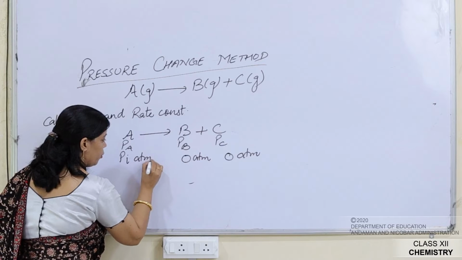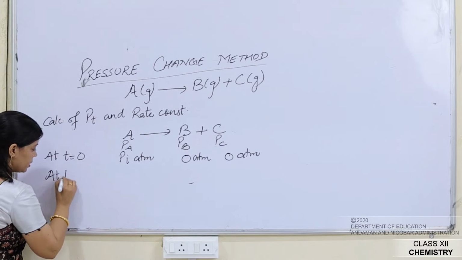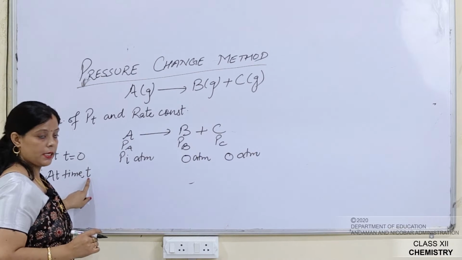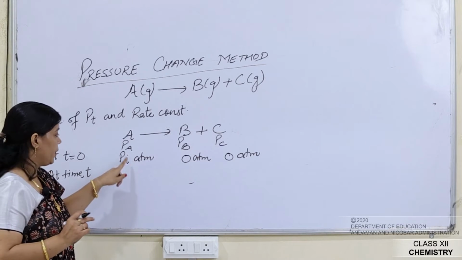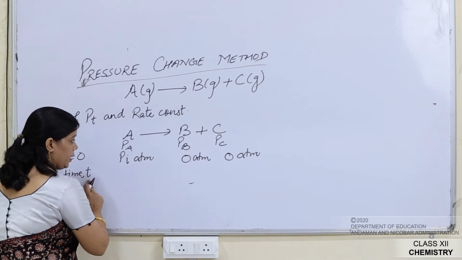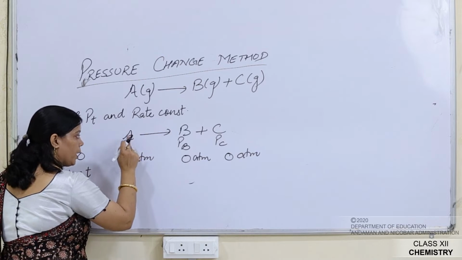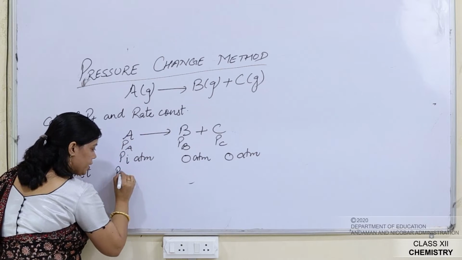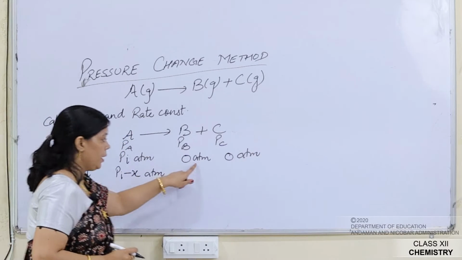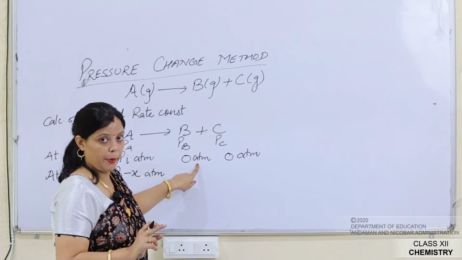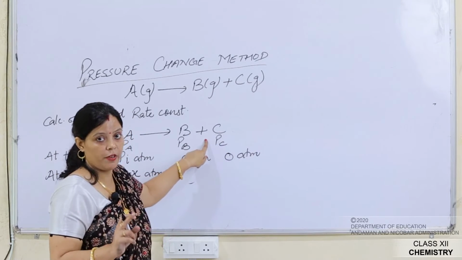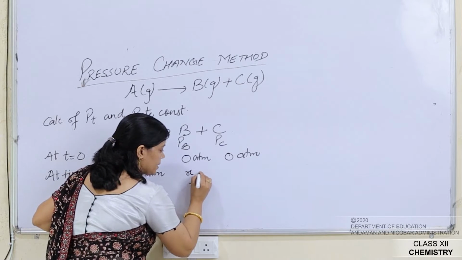This is Pi. At time t, what happens? A decrease in Pi by x atmosphere will be observed. That is, at time t, the pressure due to component A is Pi minus x. Similarly, there is an increase in the pressure of components B and C, each by x atmosphere.